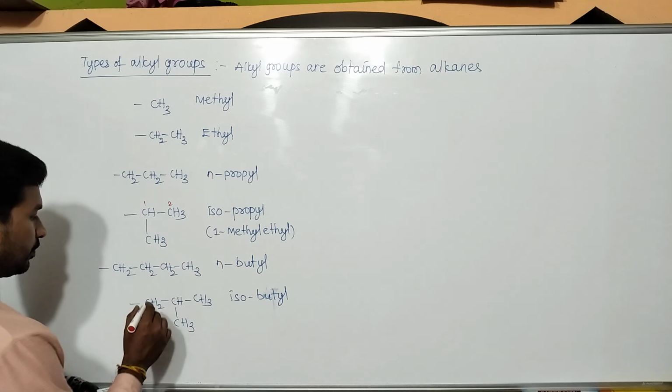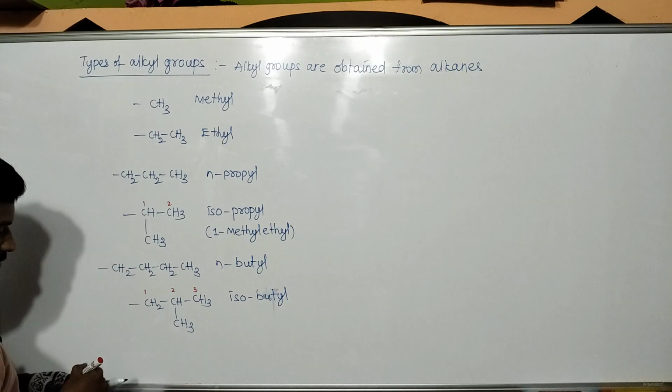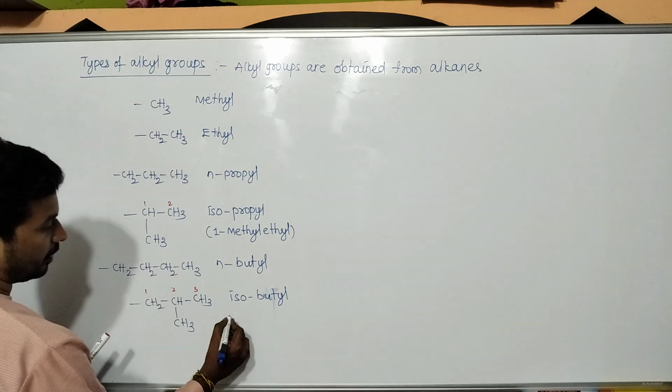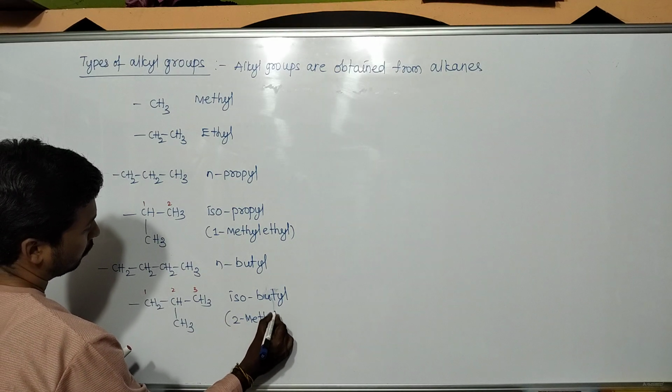For the isobutyl group, number from the substituting linking carbon, so 2-methylpropyl.